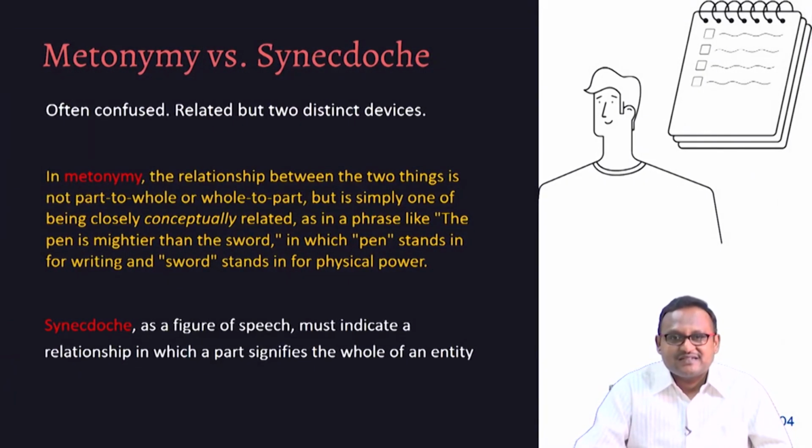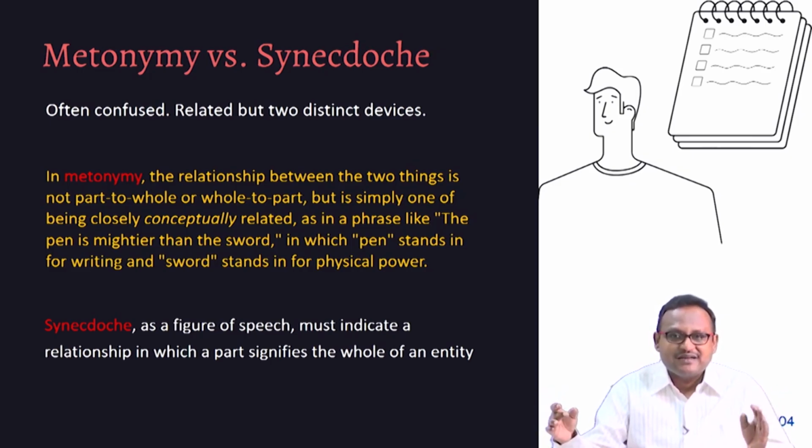Yeah, as I said, there is a scope for mistaking metonymy for synecdoche or the other way around. One thing is common, that here one thing replaces the other, but in metonymy it's not a part replacing the whole, it's one object replacing another object, a linked object, there is a link.